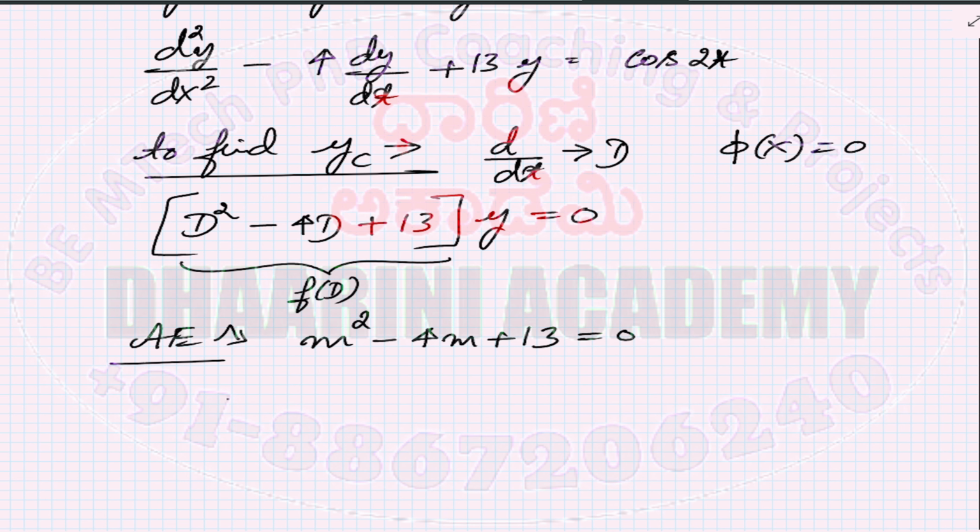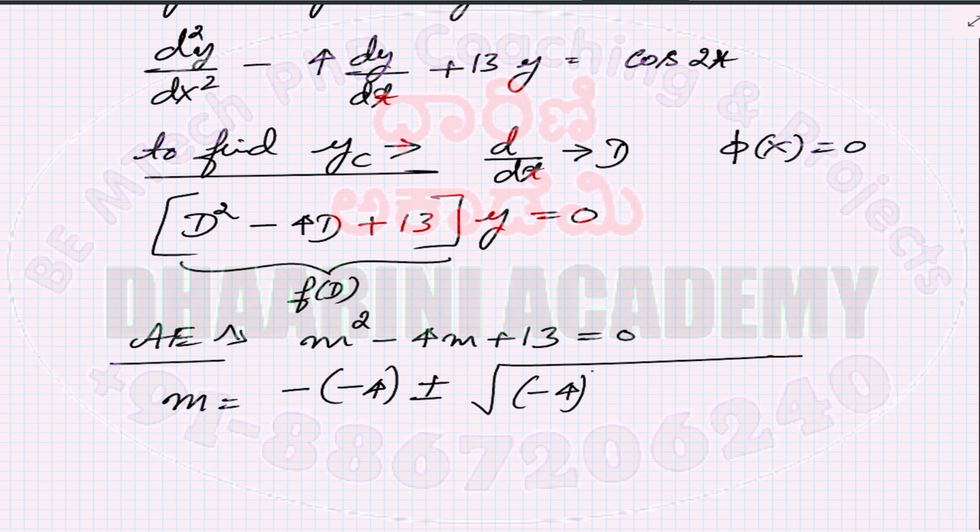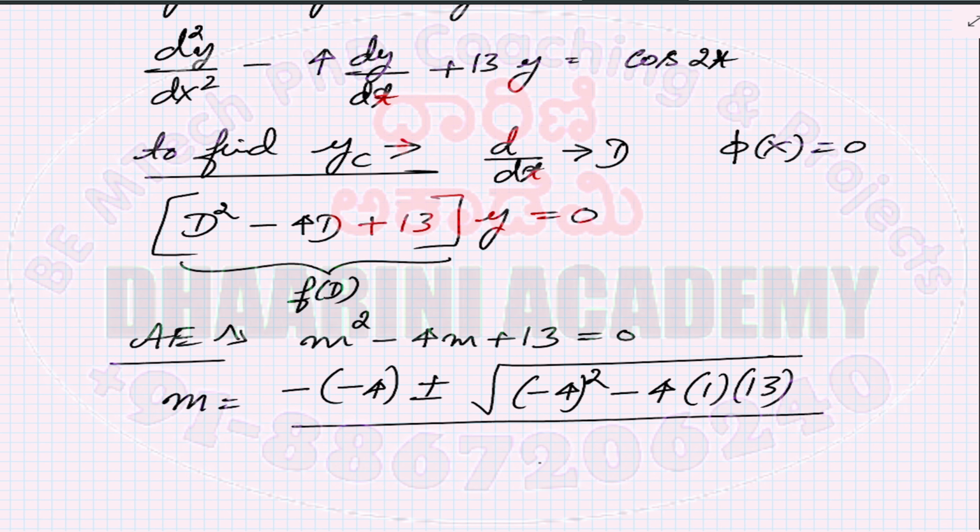So m is equal to minus b, so this is minus of b, which is minus 4, plus or minus under root b square, which is minus 4 square, minus 4 into a into c, which is 13, all divided by 2a, so 2 into 1.